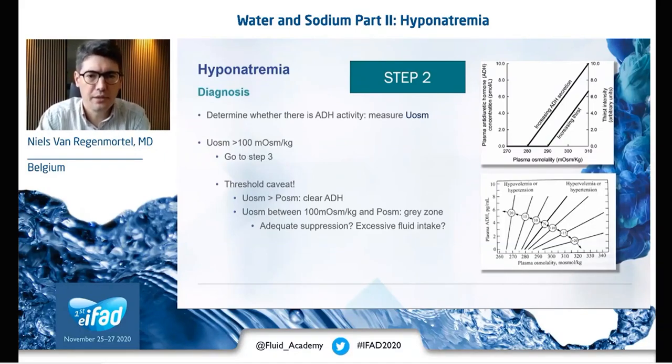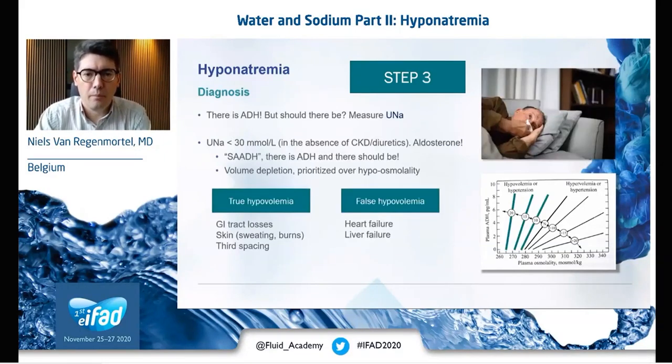How to interpret the patient with high urinary osmolality with hyponatremia? Now we know there is ADH, and now the question is, should there be ADH? And now we are going to assess whether there is hypovolemia or not.